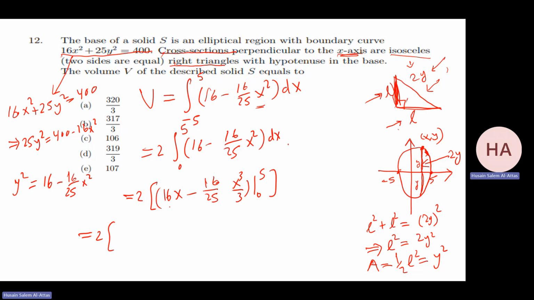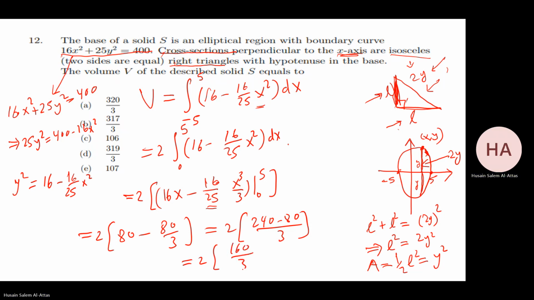That would be 2 times 16 times 5, which is 80, minus, 5 square will go with this, 5 times 16, which is 80 over 3. That gives me 2 times 240 minus 80 over 3, which is 2 times 160 over 3. That gives me 320 over 3.